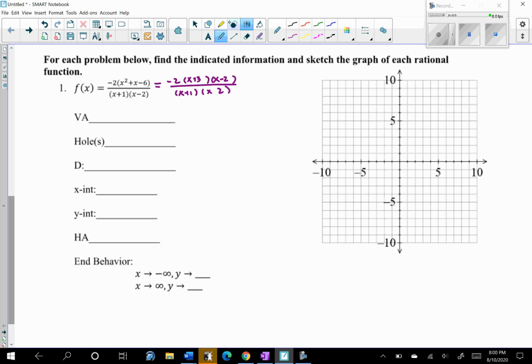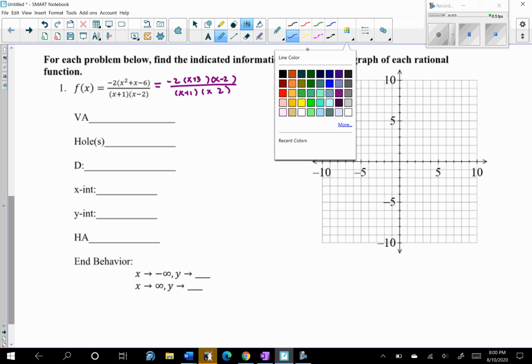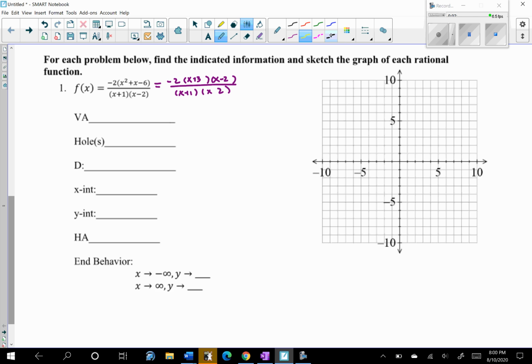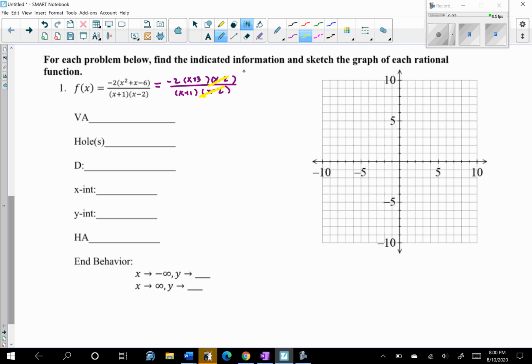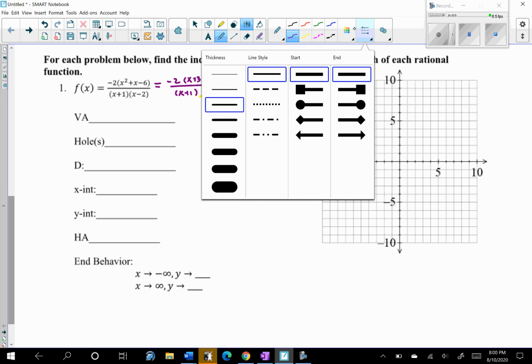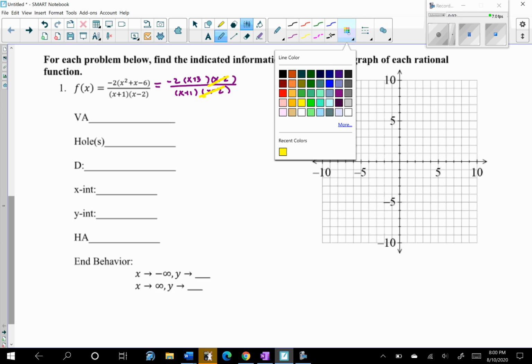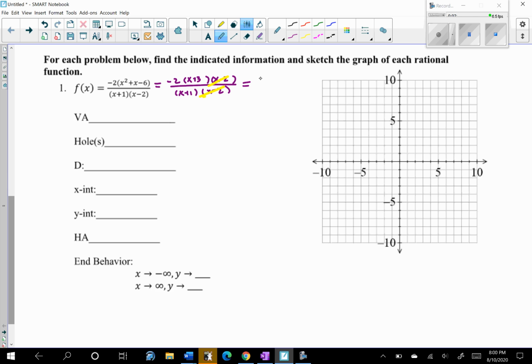Then, of course, you can see that we can simplify. The x minus 2's cancel out right here. So when we simplify, we end up with -2 times (x + 3) over (x + 1). That's our simplified answer.